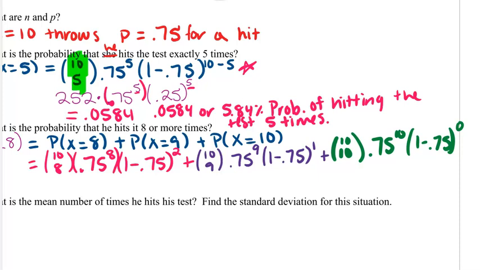Because you know that there's only one way to do this. Anyways, there's only one way to do that, so that would be a 1. And then we also know that anything raised to the power of 0 is also 1. So again, this part is kind of silly, but this 0.75 to the power of 10 is still very important.